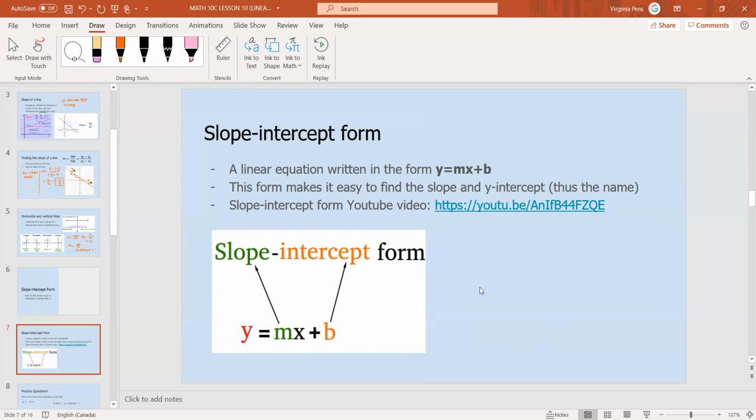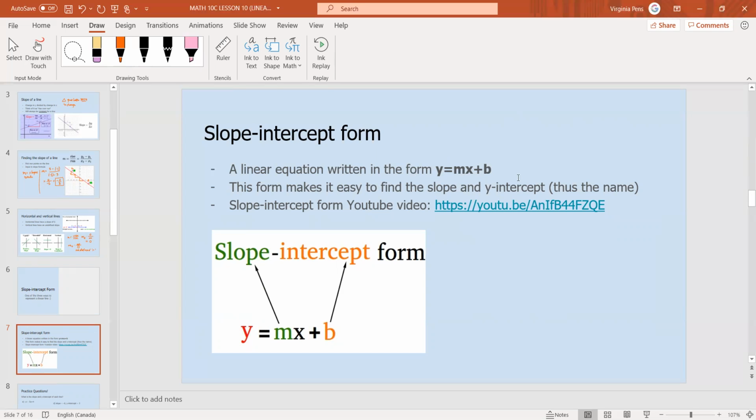The m is the slope, which we talked about before, and the b is the y-intercept. I know it doesn't make sense, because what does b have to do with y-intercept? But they just use this value. You'll see later that it makes more sense to use c instead of b when we talk about the third way of writing the general form. But we've kind of got stuck with this, so we're just going to use this for now.